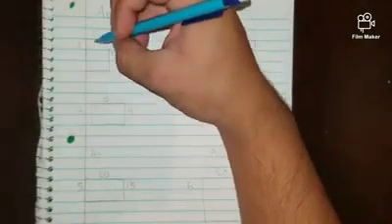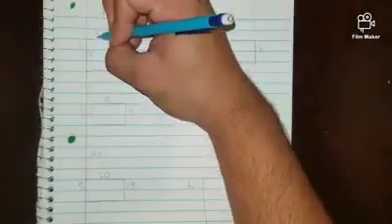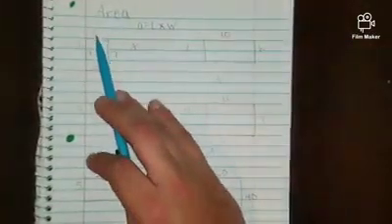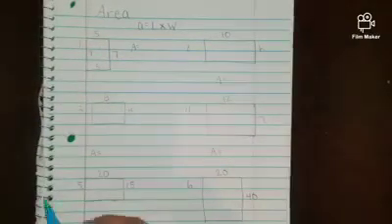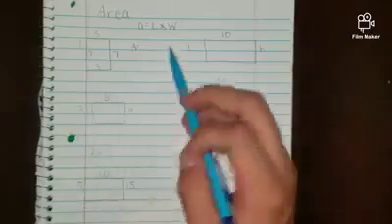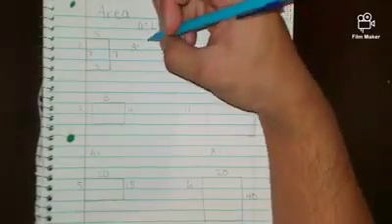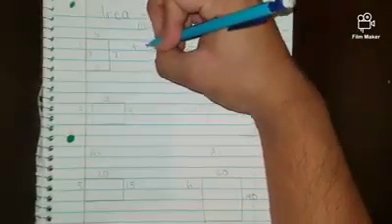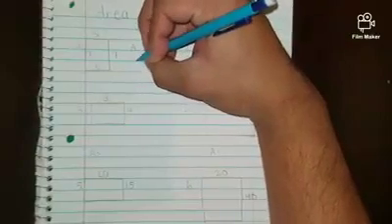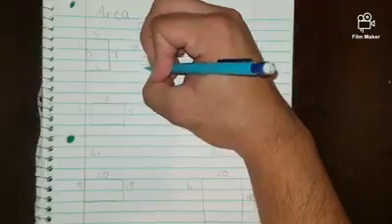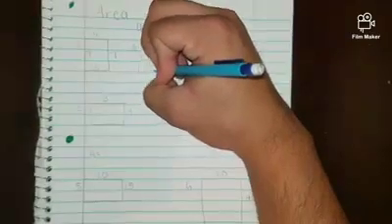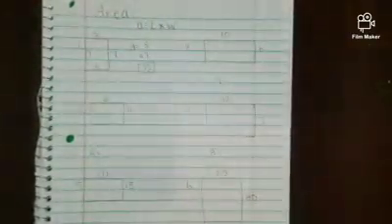We only need two sides for area, since we're just multiplying the length times the width. So we would multiply 5 times 7, which would give us an area of 35.